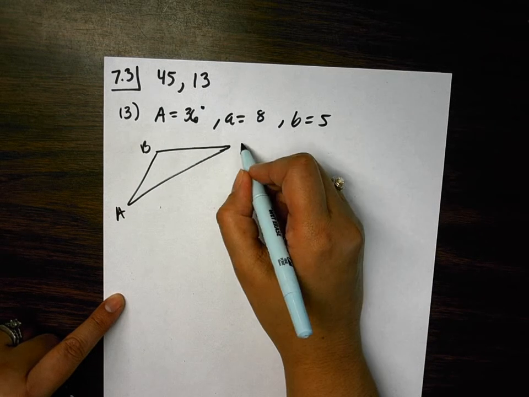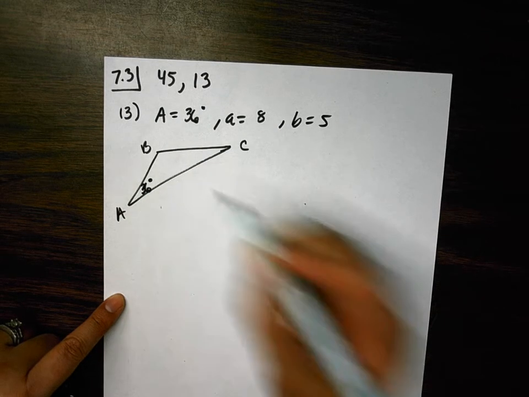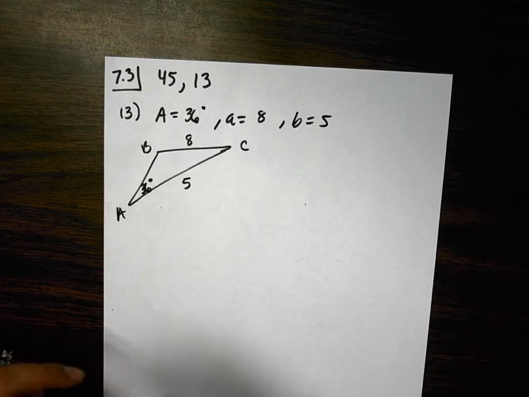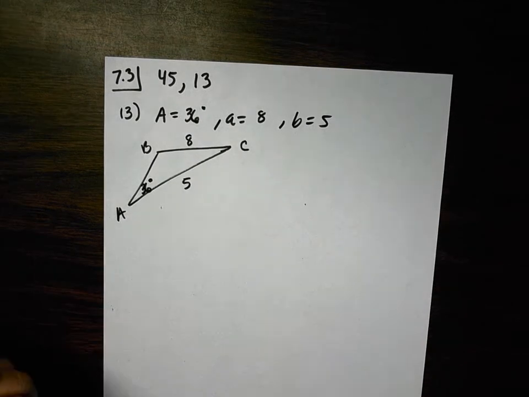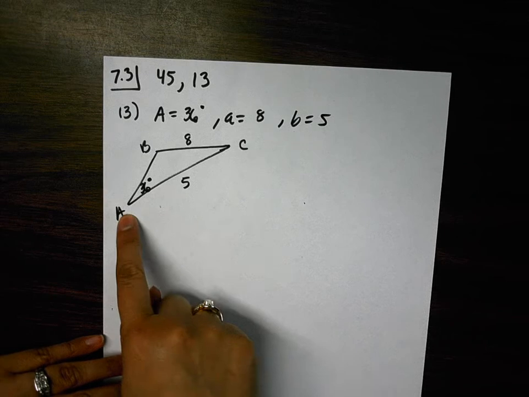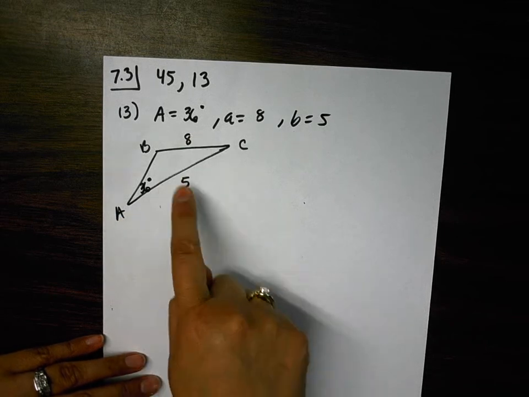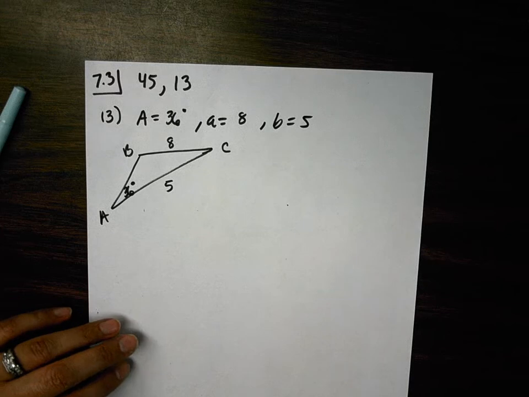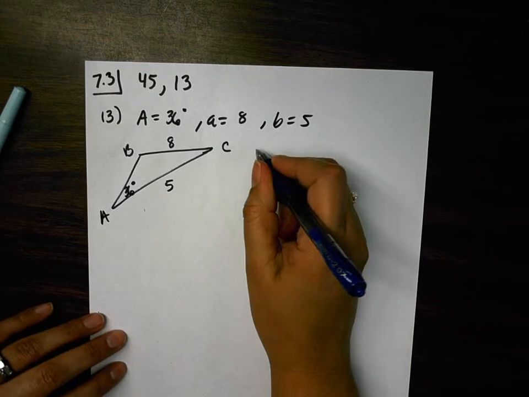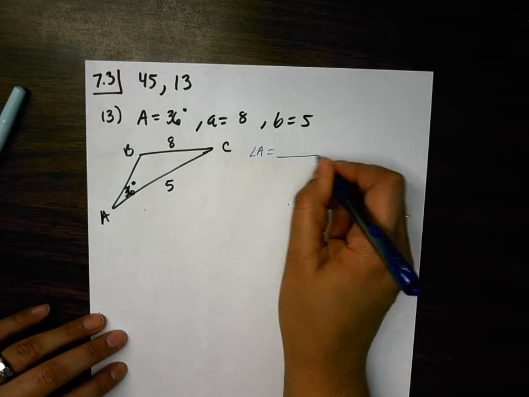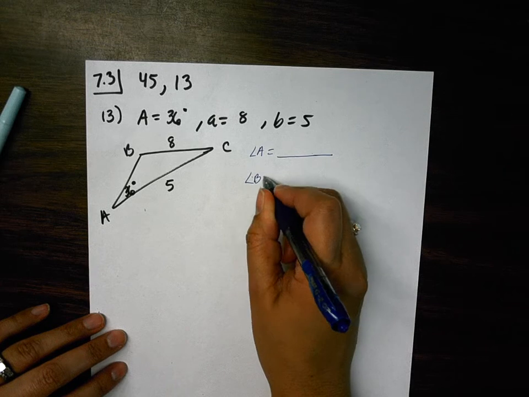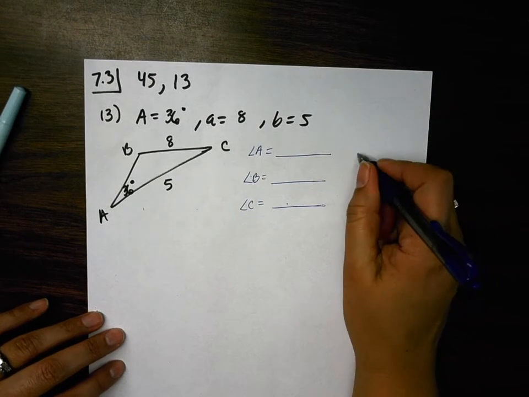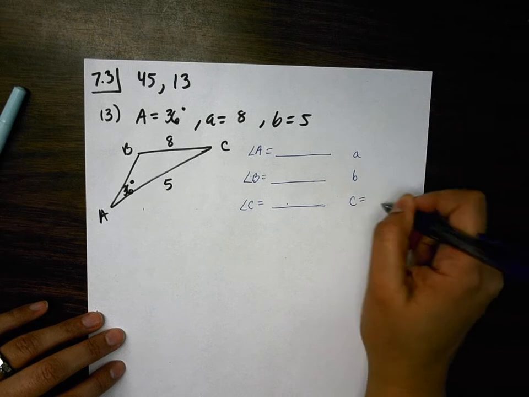All right, so A, B, C, 36 degrees. Side A is 8, side B is 5. Did I label that correctly? Angle A, side B. Angle A, angle B, angle C, little a, little b, little c.